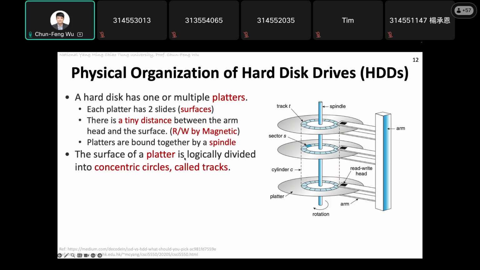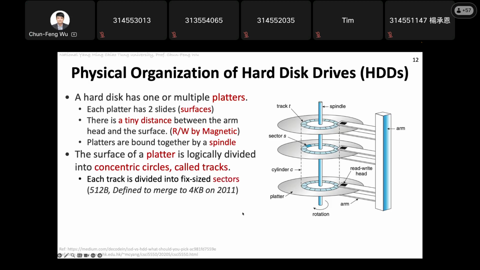The surface of a platter is logically divided into concentric circles called tracks. Because these are concentric circles, the next track is a little bit further out, and then a little bit further out, so there are a lot of tracks on each plate.